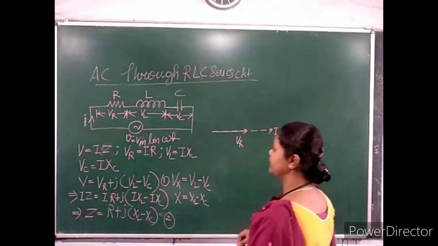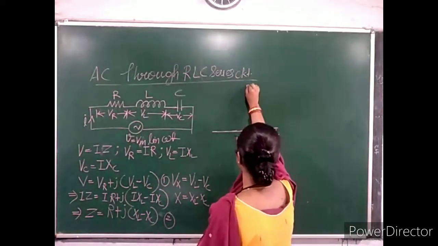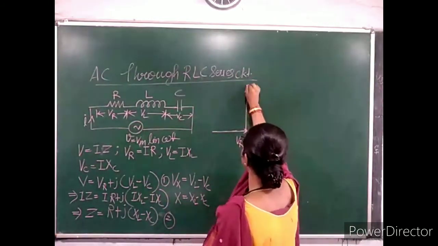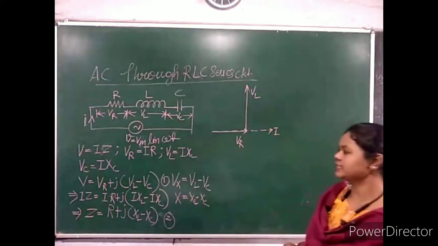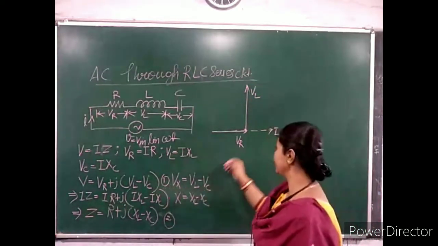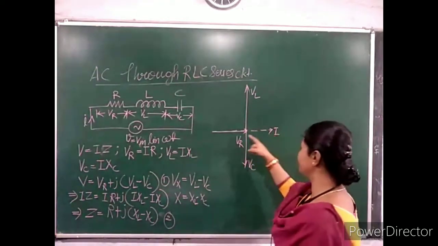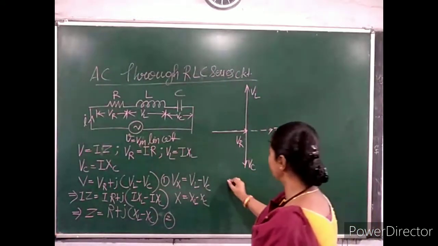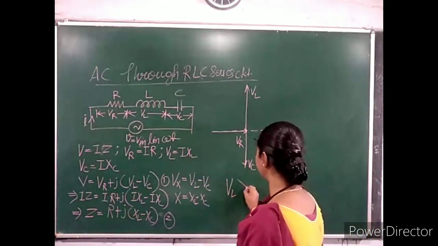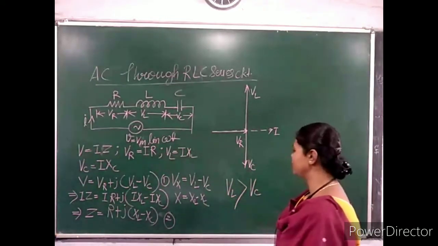Voltage across inductor leads the current I by an angle of 90 degree. Then voltage across capacitor lags the current by an angle of 90 degree. Now let here I assume the inductive voltage is greater than capacitive voltage.